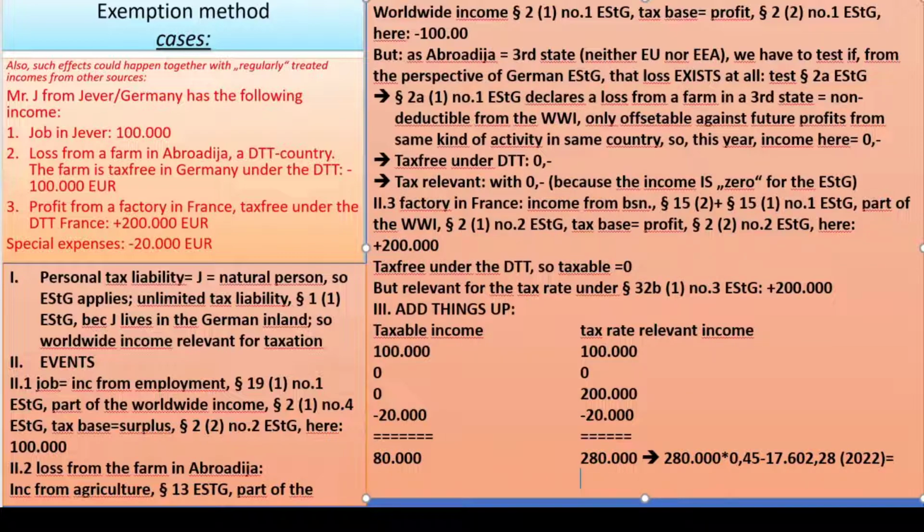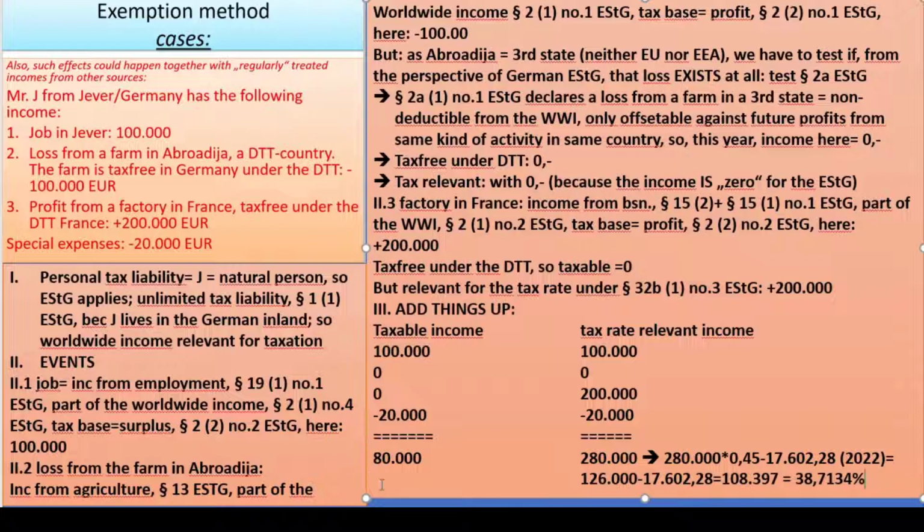This leads to a fascinating amount of 280,000 times 45%, 126,000, minus 17,602.28, 108,397, and that is equivalent to 38,734%.